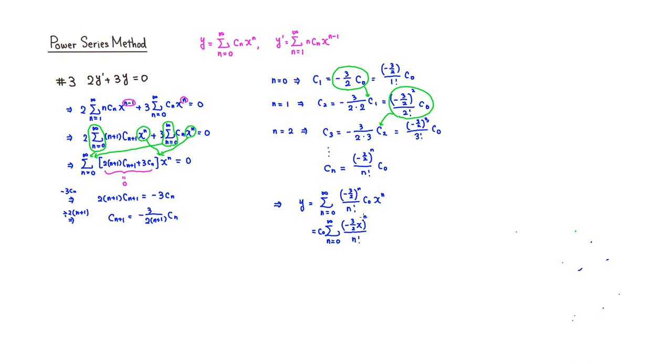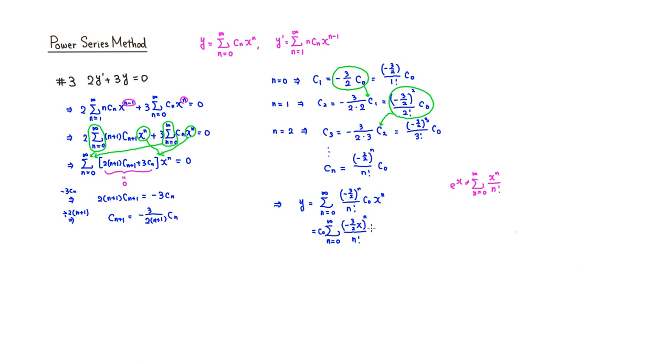Remember the power series for the exponential function? If you write it down, it looks like this: e to the x is the summation, n goes from 0 to infinity, of x to the n over n factorial. Here, the only difference is we have negative 3 halves x instead of x.